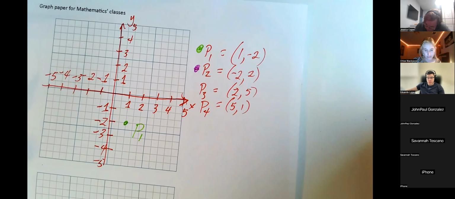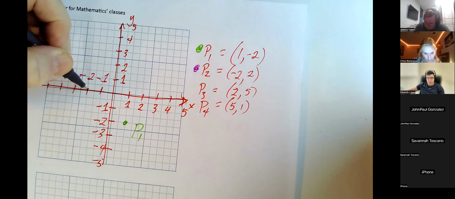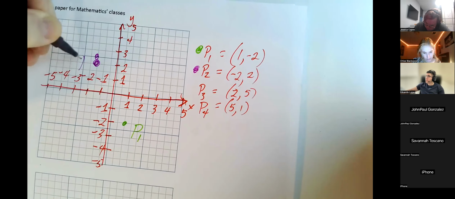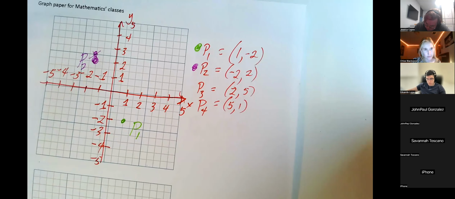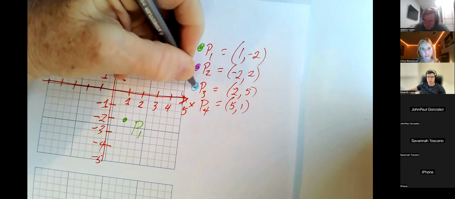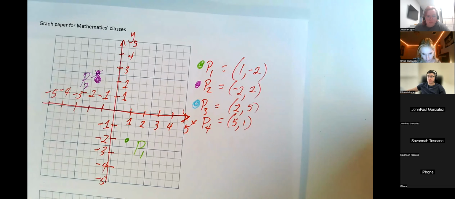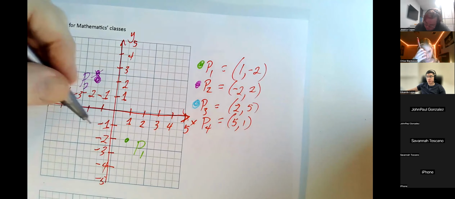Where is point 2? To the left 2, up 2. Good. For point 3, let's use this light blue. Where do I go for point 3? To the right 2, up 5. Excellent.